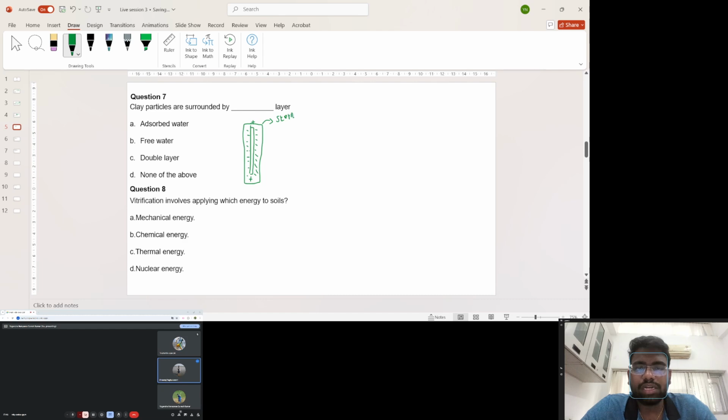Stern layer, because it is named after the scientist Stern, who first detected this in colloids. So here the ions are closely adsorbed on the surface of the clay mineral due to the positive charges. And further you move away, this particular layer is known as the diffuse layer.